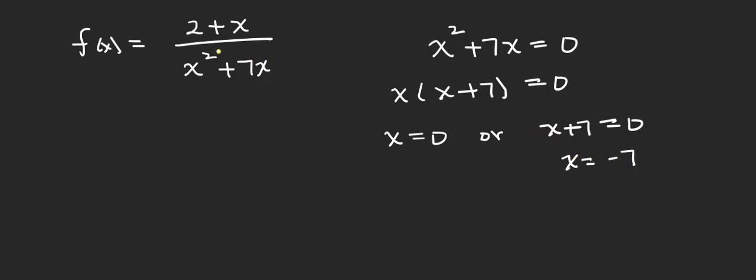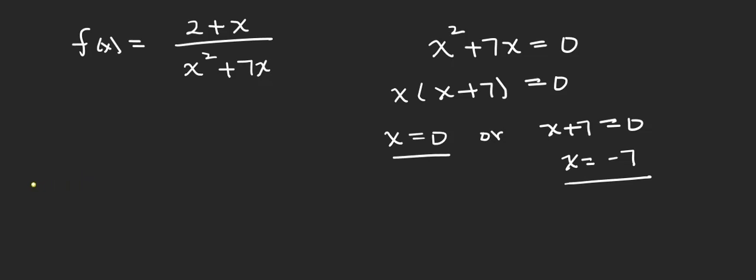So notice this denominator is 0 when x equals 0 or x equals negative 7, which means it doesn't matter what x value we plug in here, as long as we don't put x equals 0 or x equals negative 7, then this function will exist.